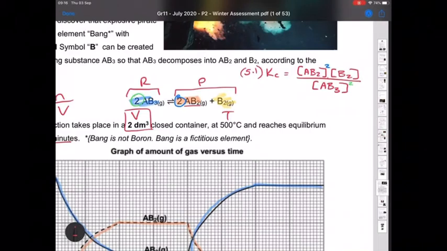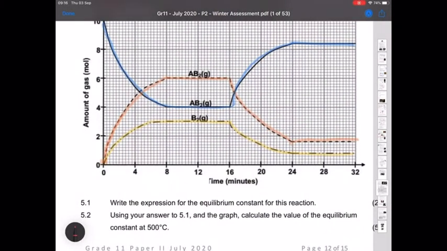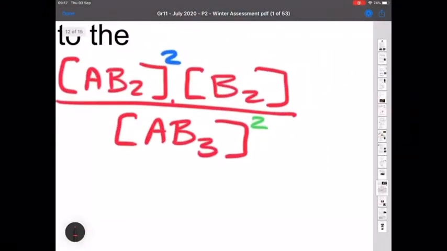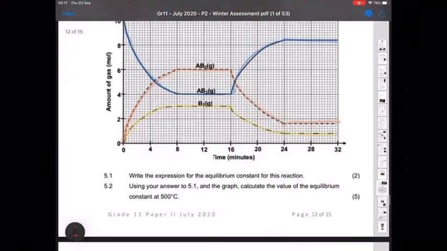It's question 5.1. Question 5.2, using your answer to question 5.1 and the graph, calculate the value of the equilibrium constant at 500 degrees. So now you actually need values for the concentration of AB2, B2, and AB3 at 500 degrees. When is this reaction taking place at 500 degrees?